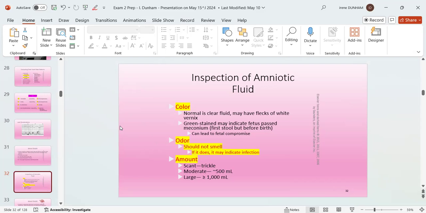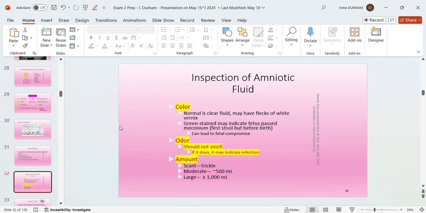So we can do an amnio infusion. Remember that? We can put back nice sterile saline into the uterus to dilute that green, mucky looking fluid so baby has a better chance of getting good oxygenation while in utero. Okay.